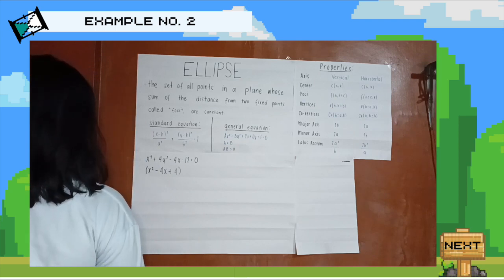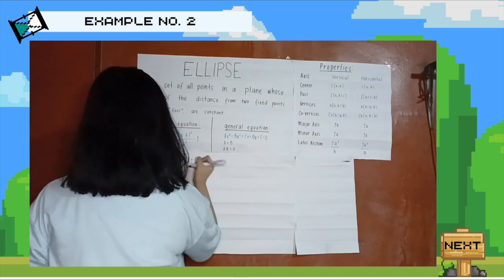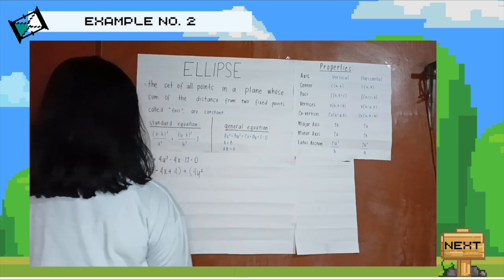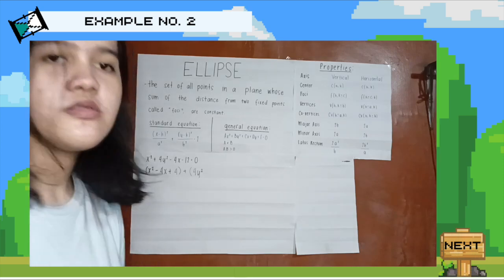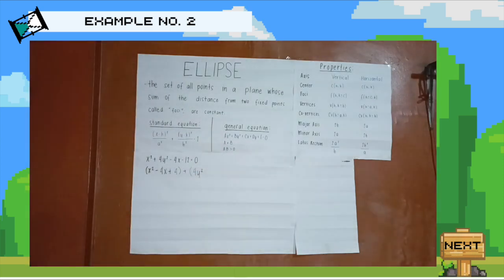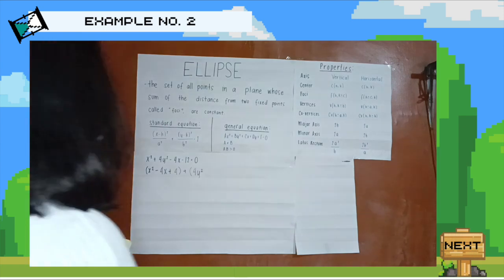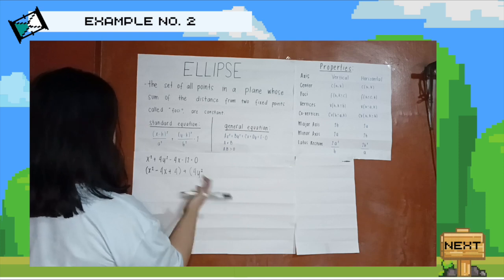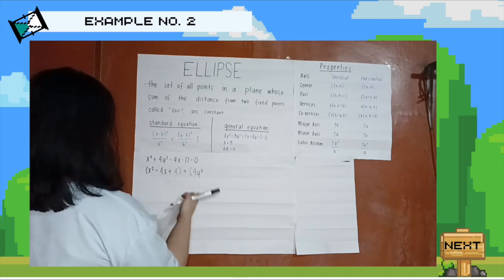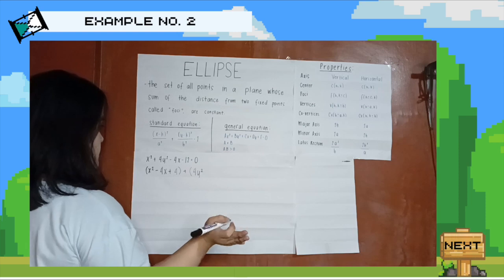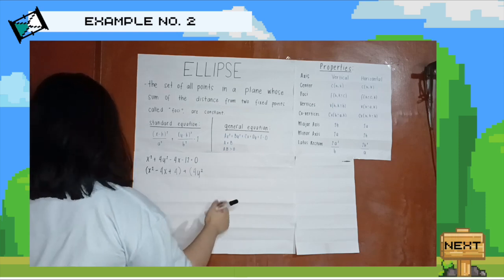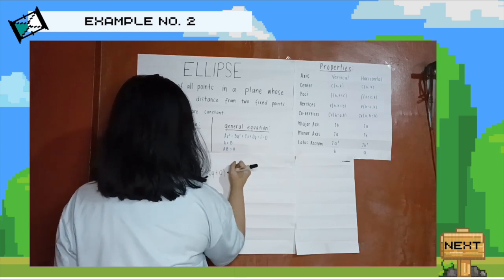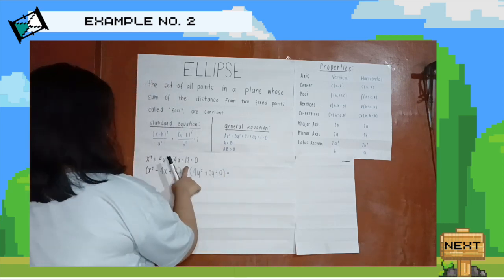And plus 4y squared. Since there's no other y in the given, we will be putting 0y, plus 0y is equal to 12.